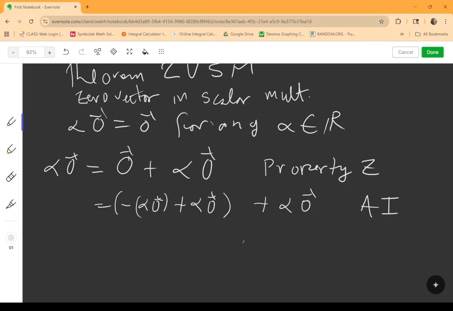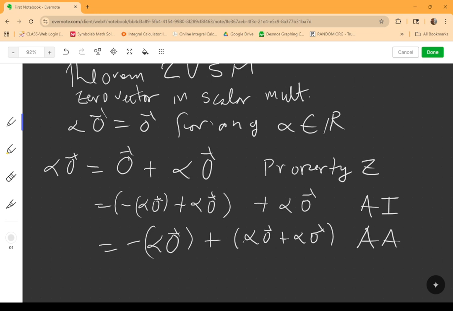I'll skip writing property over and over. I'll just write the abbreviation of the property, AI being additive inverse. And then from here, I'm going to associate these vectors in a different way, which again, properties of vector spaces. That's the association of addition.